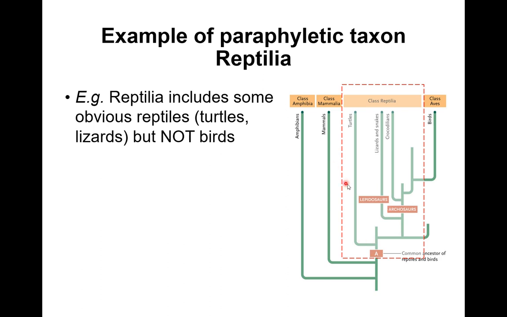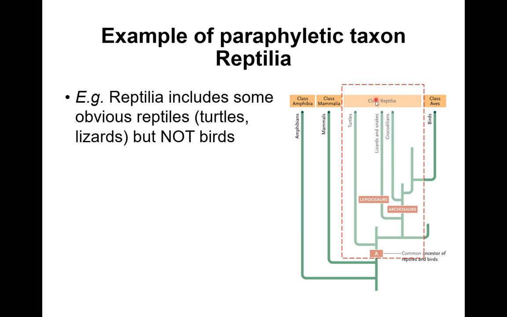Let's show you the example here. What do we mean by paraphyletic? So reptilia here, this is a class, okay, that includes all organisms with specific evolutionary history, not only that, but specific also morphology, okay.